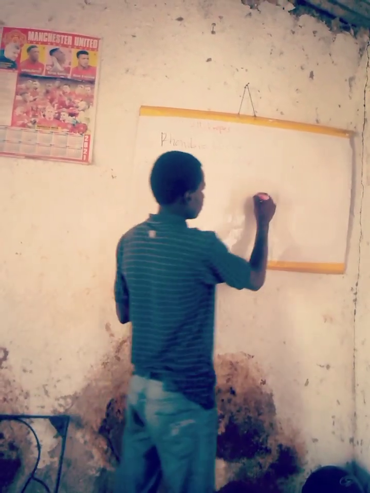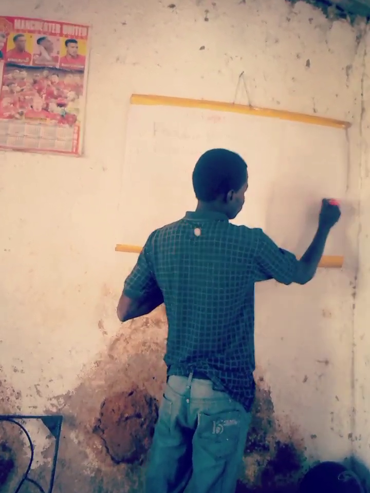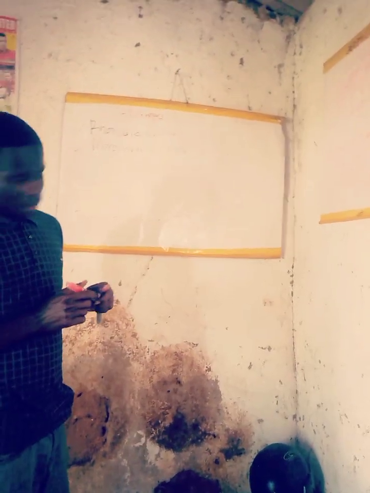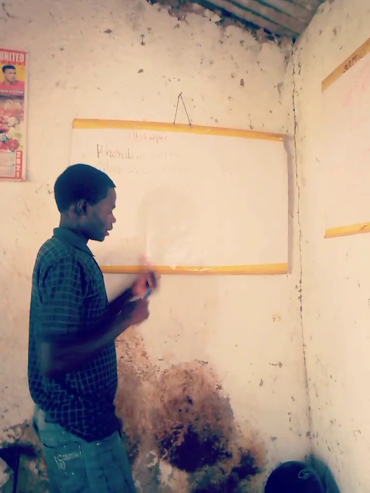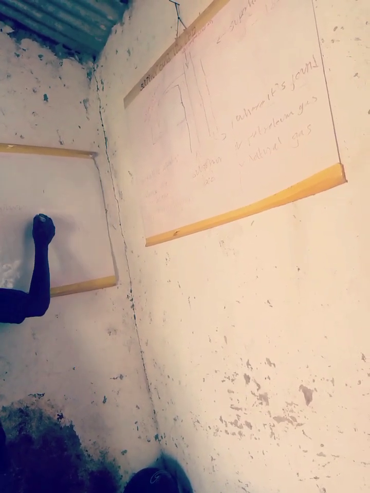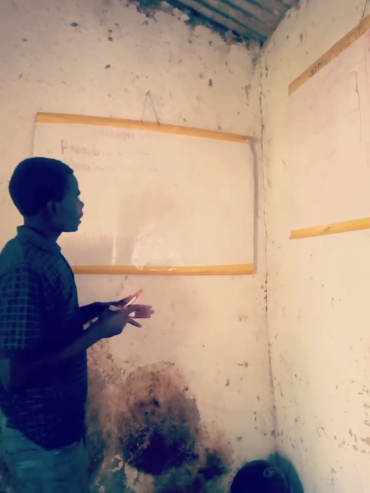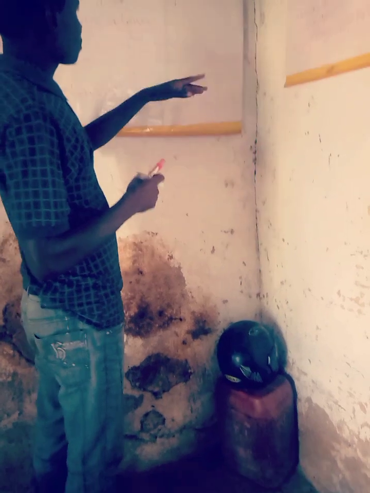Let me write a simple equation: rhombic sulfur, monoclinic sulfur, with 2 arrows. The transition temperature, 96 degrees Celsius. The transition temperature is the temperature at which an allotrope of sulfur changes from one state to another.